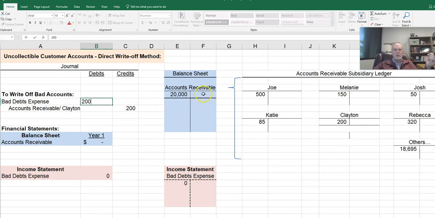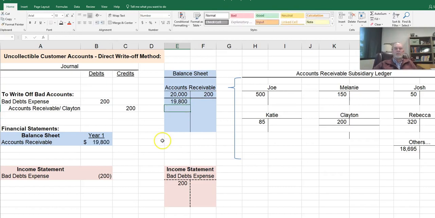And when we record that, when we post it, the debit will go to bad debt expense and the credit will go to accounts receivable, giving us a balance of $19,800. So that $19,800 goes on to the balance sheet, and the bad debt expense, representing that account that we wrote off, goes to the income statement.